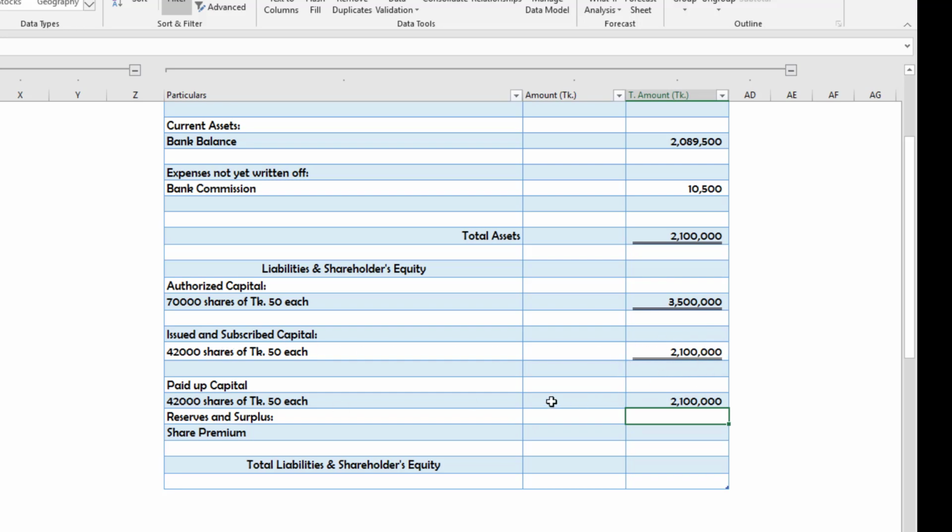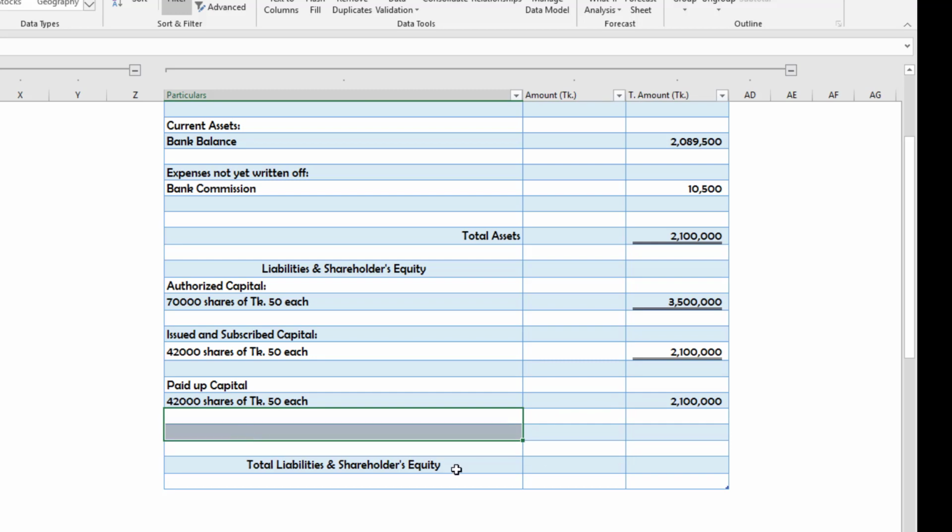Authorized capital is closed, and issued and subscribed capital are also closed. So you should remember that only paid up capital will be opened. And in our problem there is no share premium, so I am deleting this.